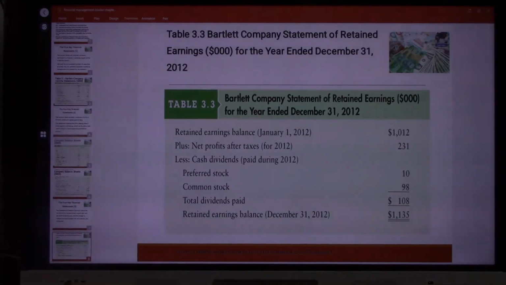So the total dividends paid is 108, which will be excluded from the net profit after taxes, and this will give us the retained earnings balance at the end of the period, which is the 31st of December 2012.